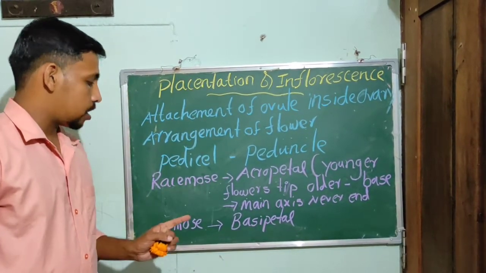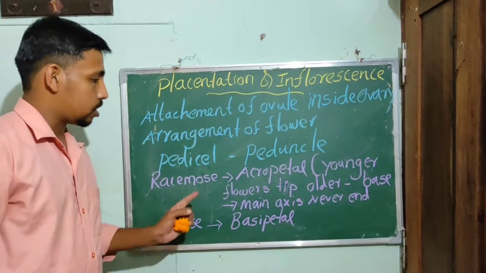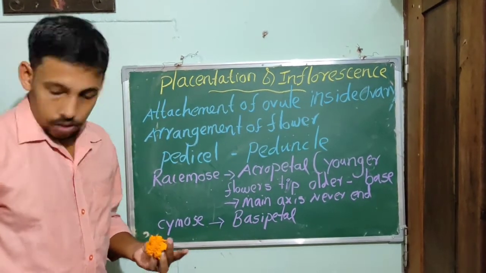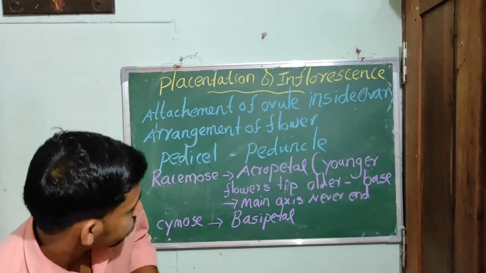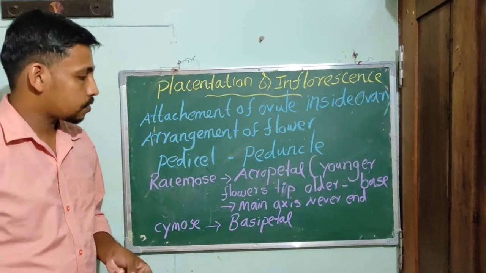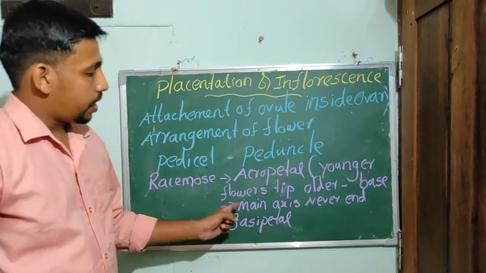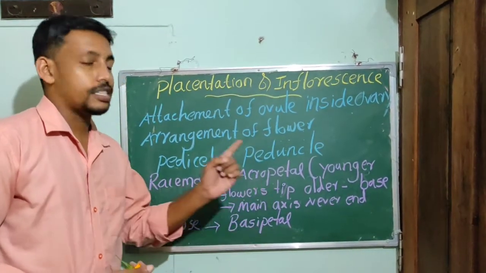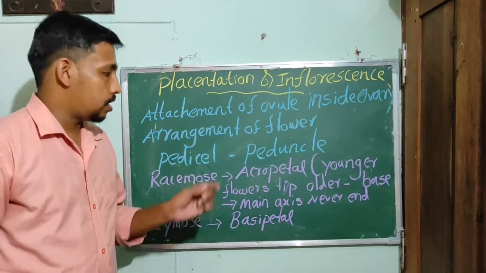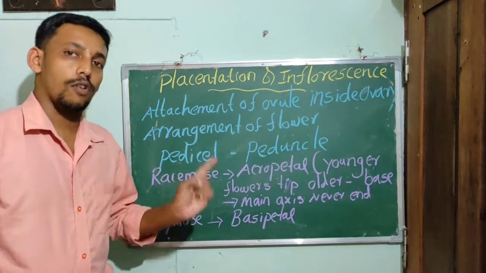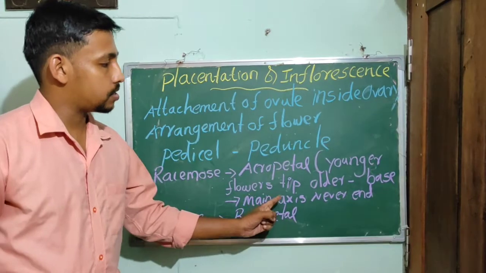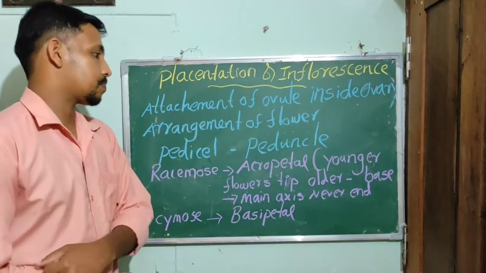We have to study two types of inflorescence: the racemose inflorescence and the cymose inflorescence. So first we can see the racemose. Here the main axis never ends in a flower. In the racemose type of inflorescence, the main axis never ends in a flower.